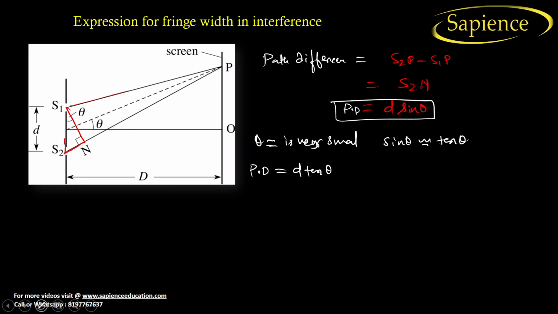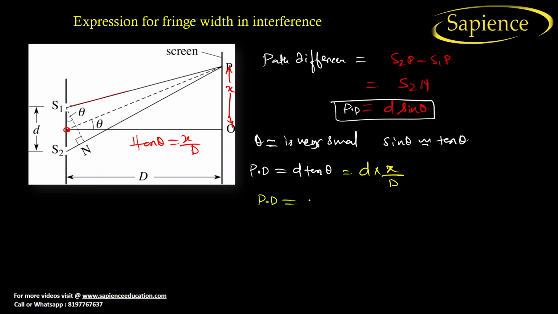Now how will you obtain the expression for tan theta? We have already considered this as x and this as capital D. So tan theta is equal to perpendicular by base, that is equal to x by capital D. So from here we can write d into x by capital D, and we obtain the expression for the path difference.